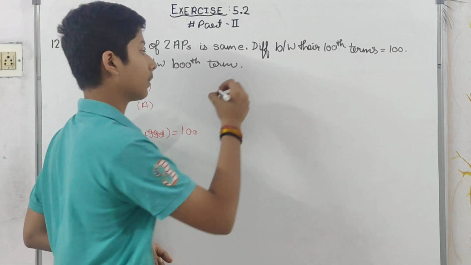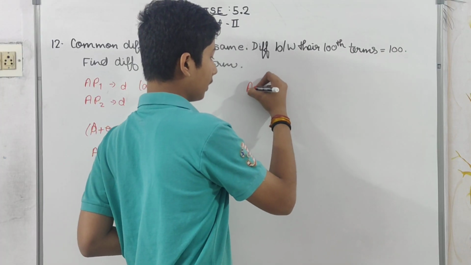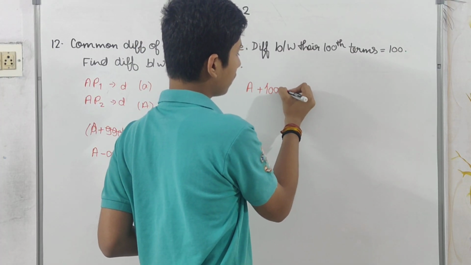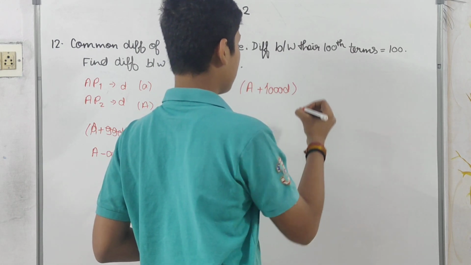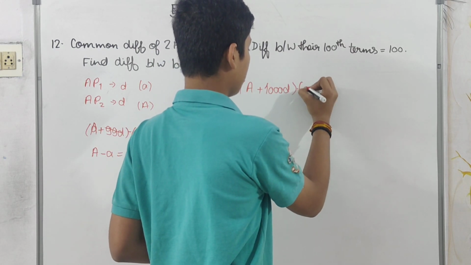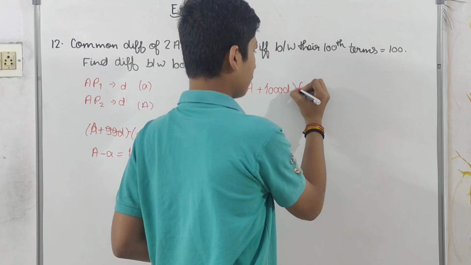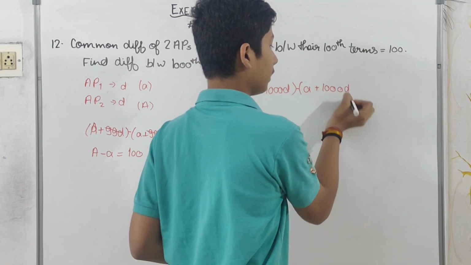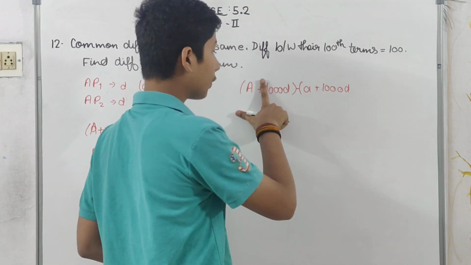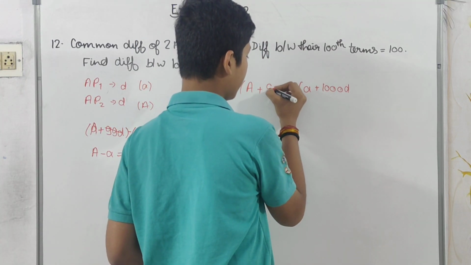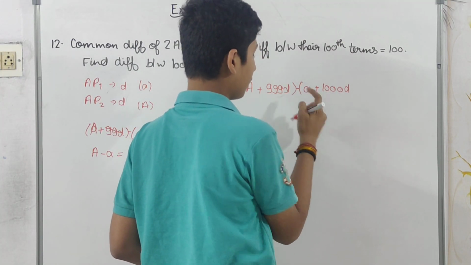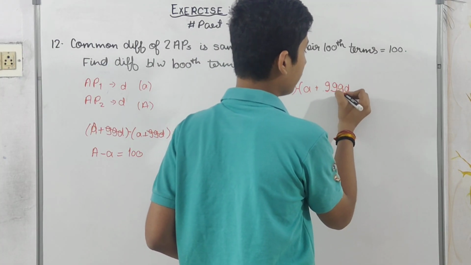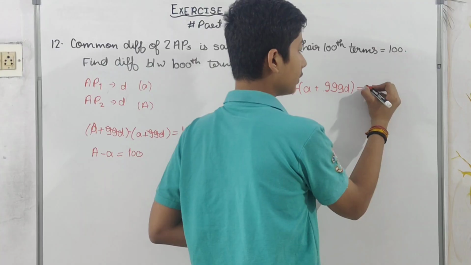So we can say a plus 1000d minus a' plus 1000d. But you can see 1000 minus 1 becomes 999, and here also 999d, equals x.